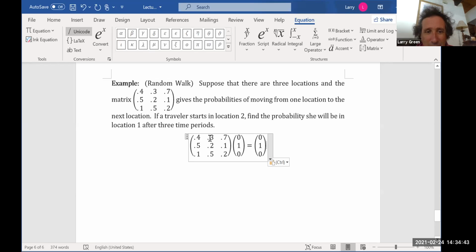And that just gives you 0.3. Then you're going to take 0, 1, 0, dotted with 0.5, 0.2, 0.1, and that gives you 0.2. Then you're going to take 0, 1, 0, dotted with 0.1, 0.5, 0.2, and it gives you 0.5.